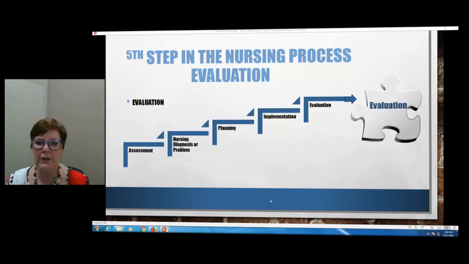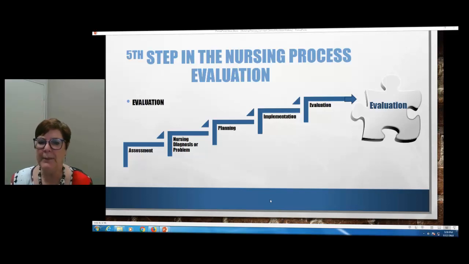So with evaluation, we have assessed our patient, we have determined they have a problem, we have written it as a nursing diagnosis or problem statement. We have put down goals that we want this patient to achieve so that we can prevent, reduce, eliminate, or we can promote a better lifestyle related back to that nursing problem.